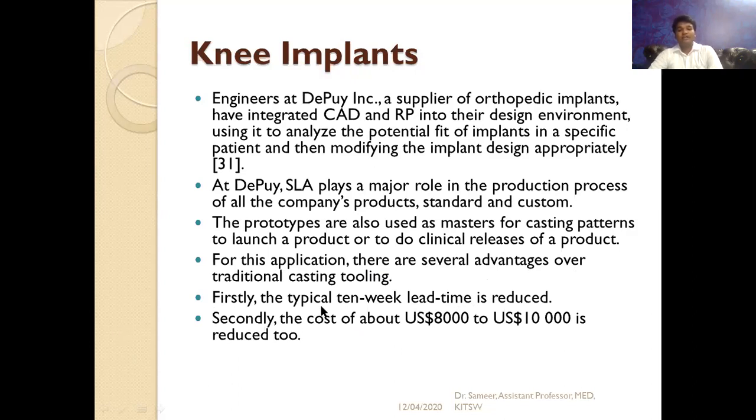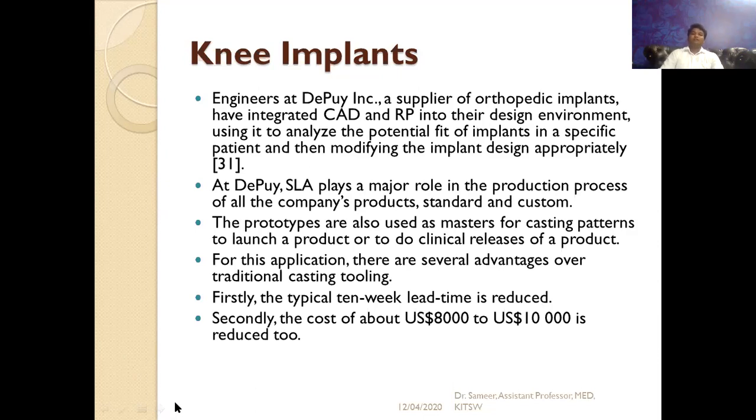First, the typical 10-week lead time is reduced. The manufacturing time was reduced by 10 weeks. Second, we can see that the cost of about $8,000 to $10,000 is reduced too.